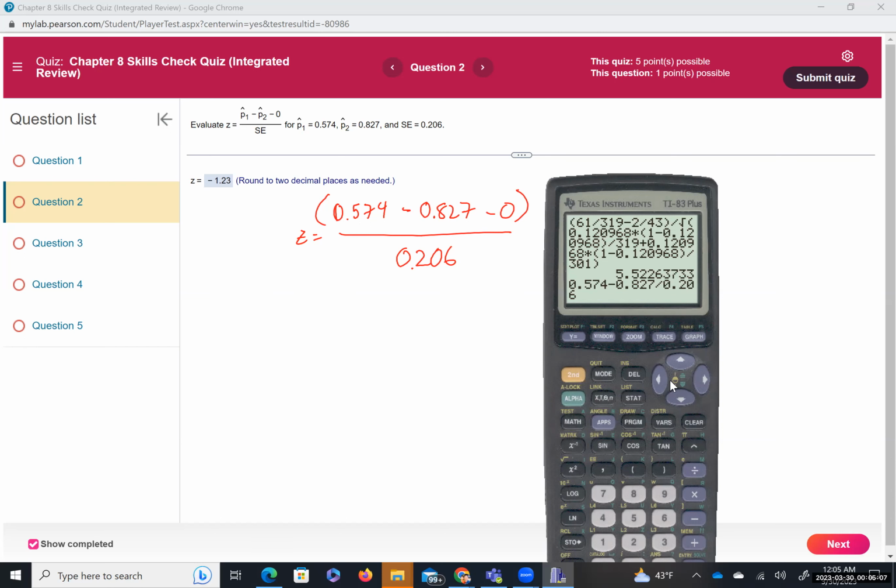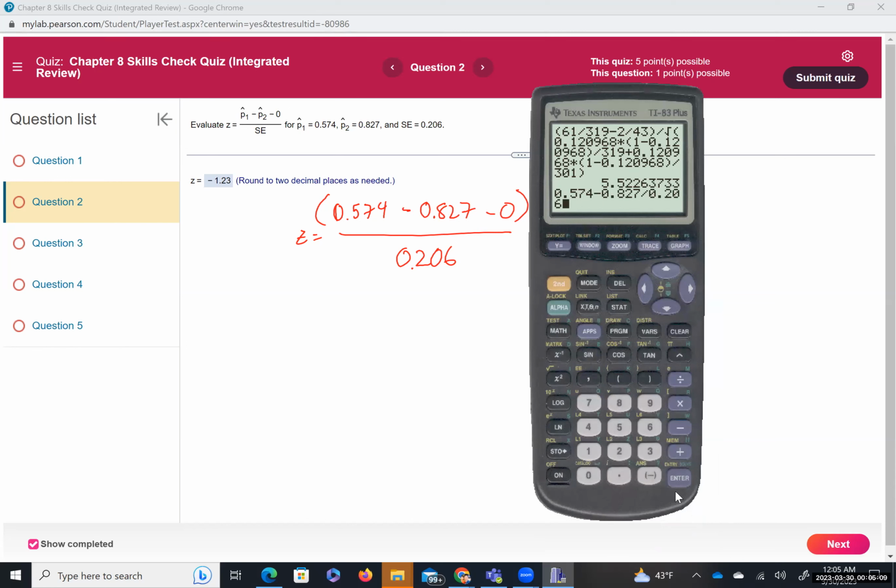Let me show you. Enter. See that? The answer is different from the answer over here. The reason is, if you look at the operations followed by PEMDAS, the calculator will right away do the division first. That's the reason why it will be wrong if you don't use parentheses for the top.